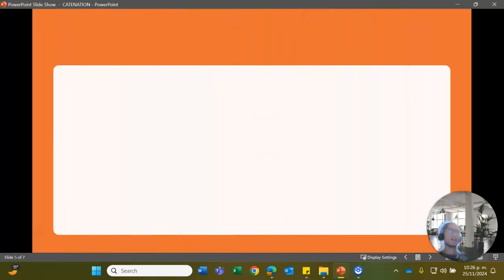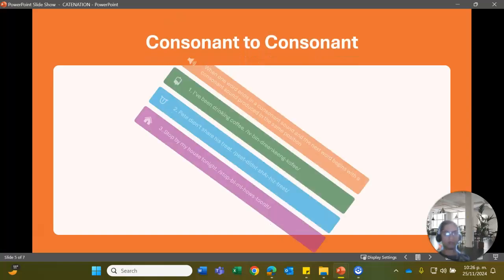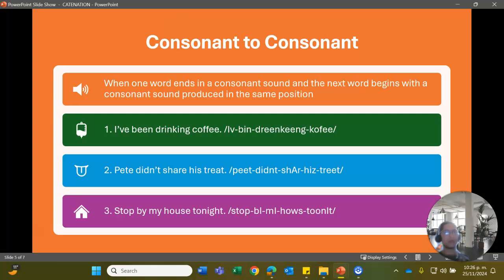Then we have the last rule, which is the third one. It is when we have a consonant sound to a consonant sound. When one word ends in a consonant sound and the next word begins with a consonant sound, they are produced in the same position. You can link the two sounds when you do catenation. So, for example, "I've been drinking coffee."